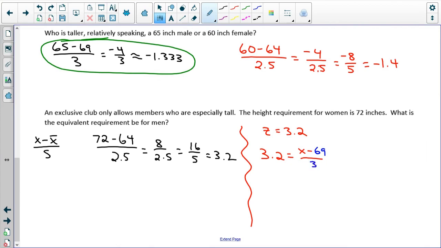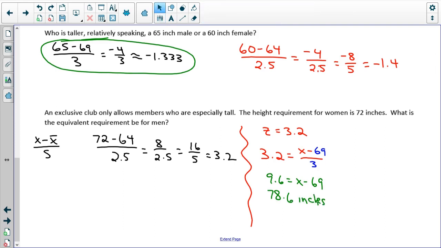So now I solve the equation. I multiply both sides by 3. I get 9.6 equals x minus 69. And then I add 69 to the other side, and that's 78.6 inches. So that's about 6 foot 6 3/5 inches for a male to be in the Tall People Club.